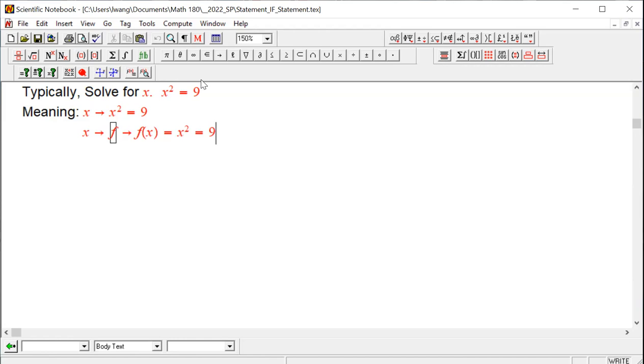Solving for x means find me all the possible inputs. Sometimes there are multiple. Find me all the possible inputs such that the output is 9.